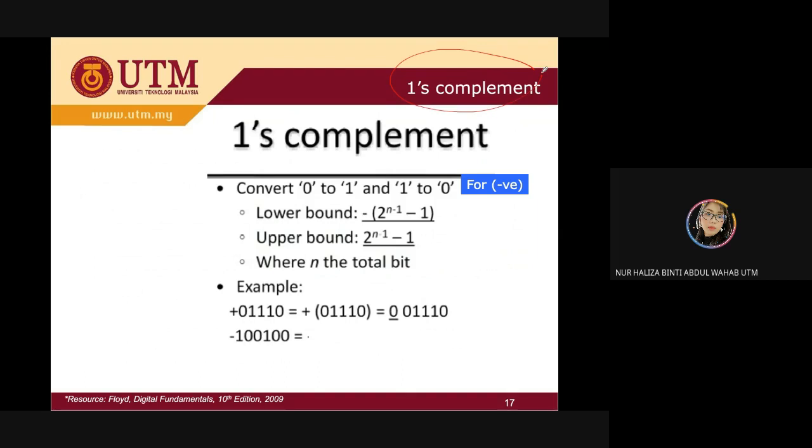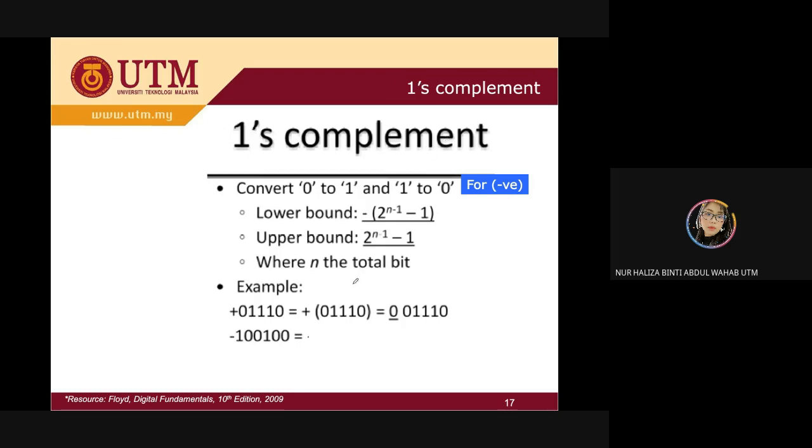First complement, you can see over here what basically happens. You only apply this method for negative numbers. For positive numbers, nothing happens.